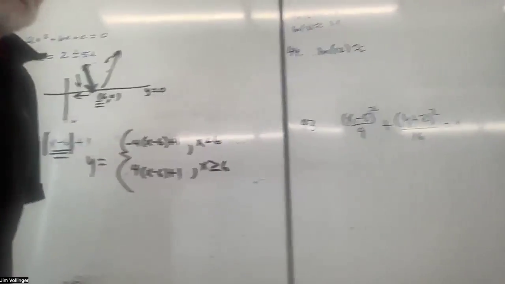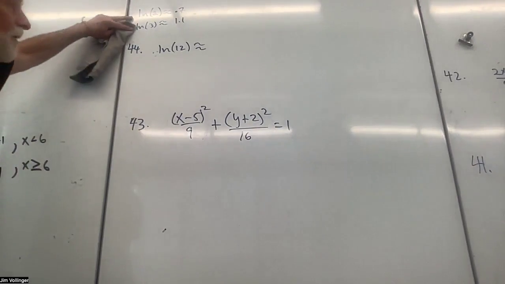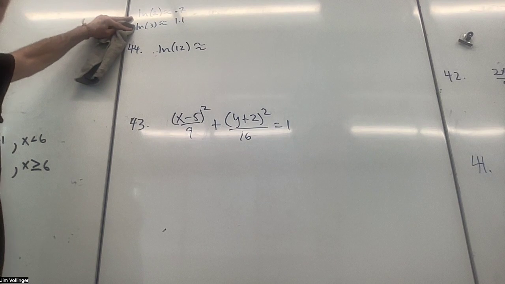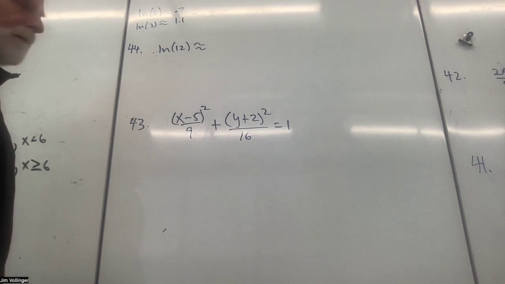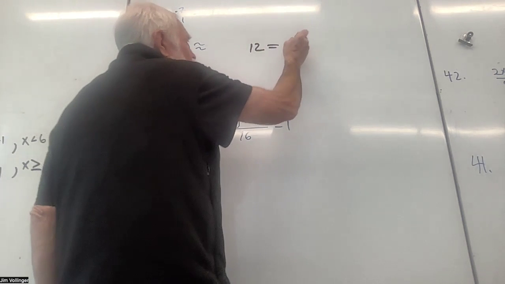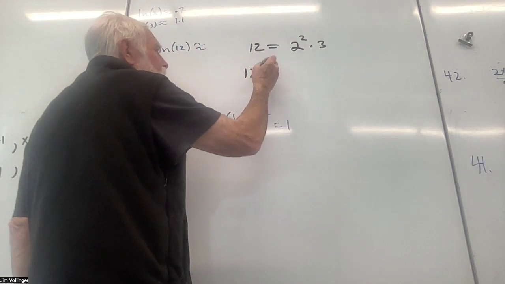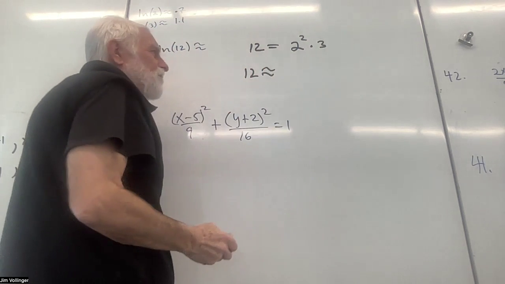ln of 12. Well, I asked you to memorize some values. A couple are right here. ln of 2 is about 0.7, ln of 3 is 1.1. Roughly, approximations. So how do I change 12, which happens to be 2 squared times 3, into e notation, approximated e notation?